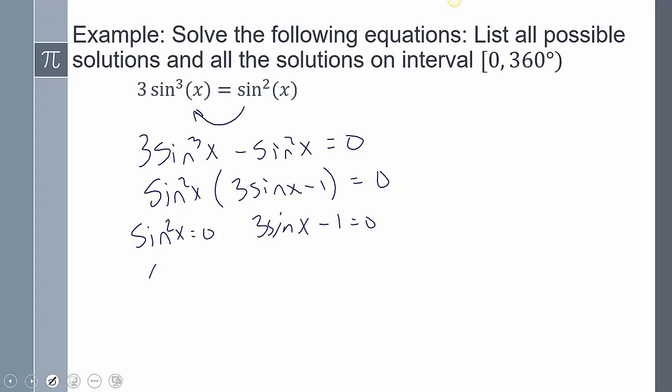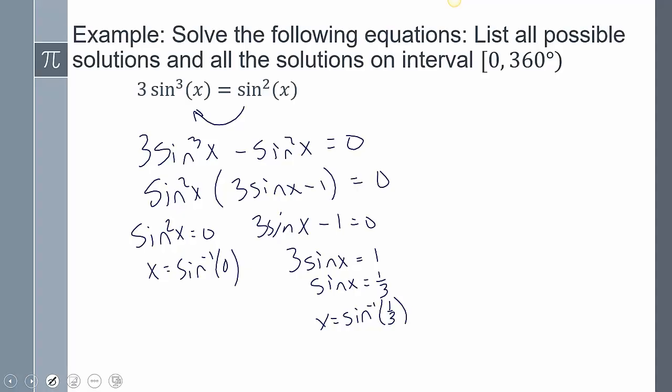So square root both sides, sine inverse. You're going to get sine inverse of 0. So we need to think of the unit circle. What values does sine give me? 0. And then add 1, divide by 3, sine inverse.